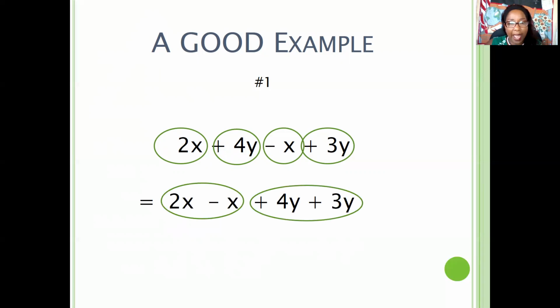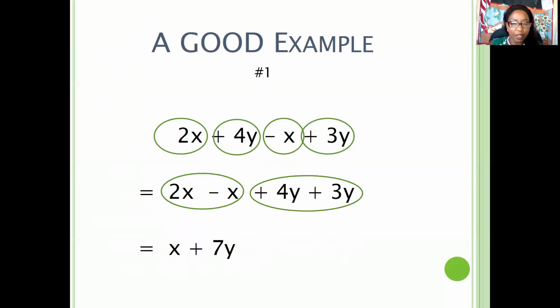So we have 2x, take away x. Notice that I brought the operation that was in front of that 1x. So 2x, take away 1x, plus 4y plus 3y. This is where we are collecting our like terms.